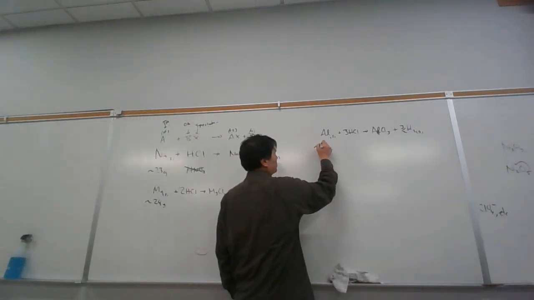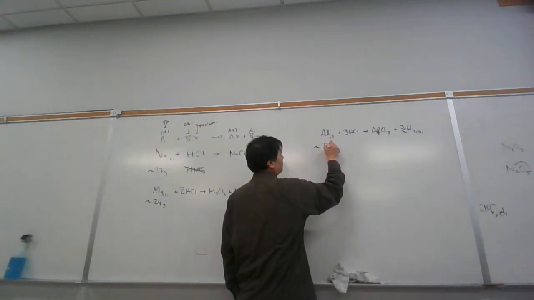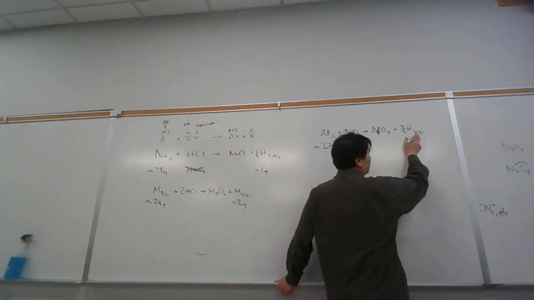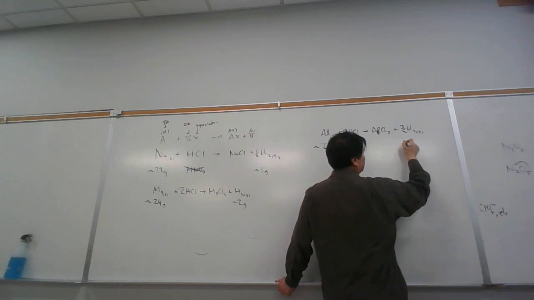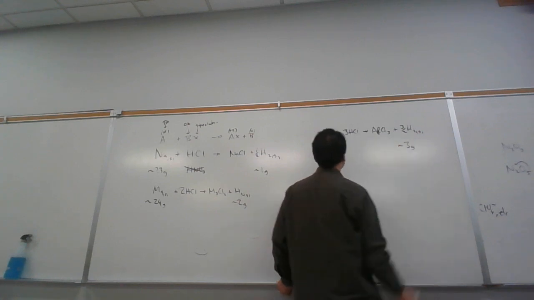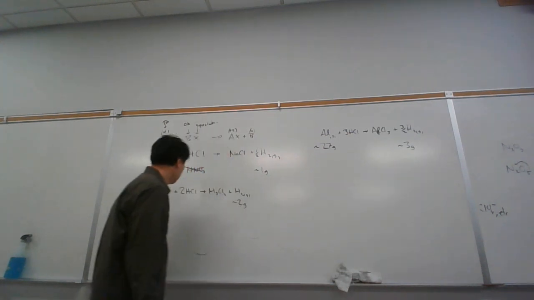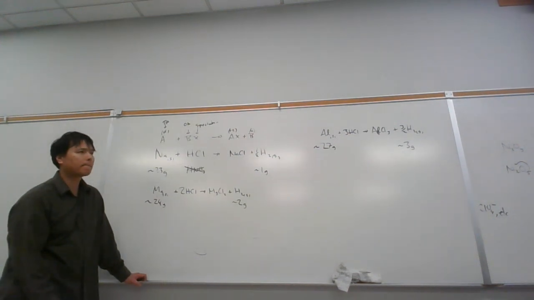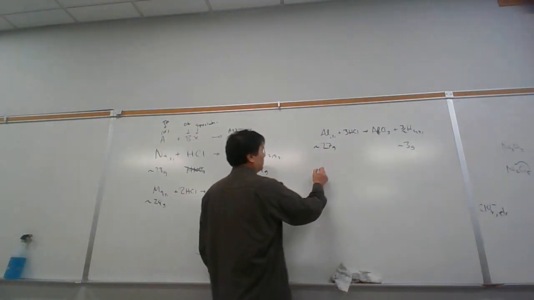So aluminum is about 27 grams. And we're going to produce 1.5 moles. 1 mole of hydrogen is 2, and then 1/2 mole is 1. So this will be 3 grams. So far, which one produces the most hydrogen per gram? Aluminum, yeah.